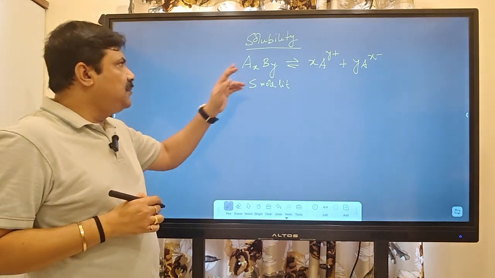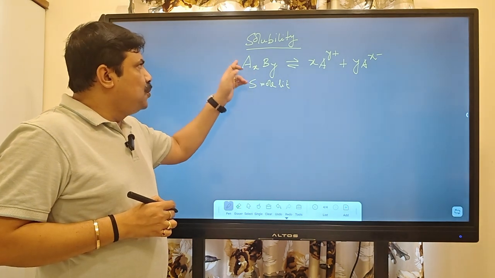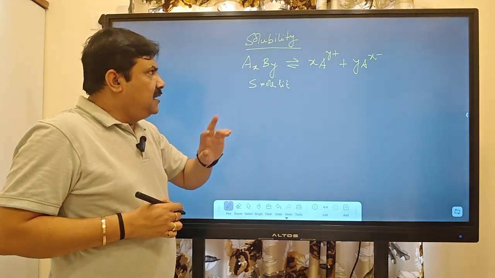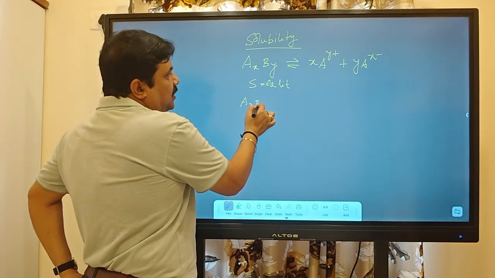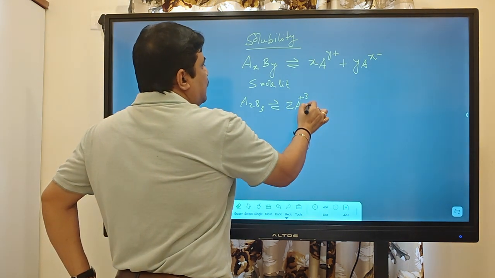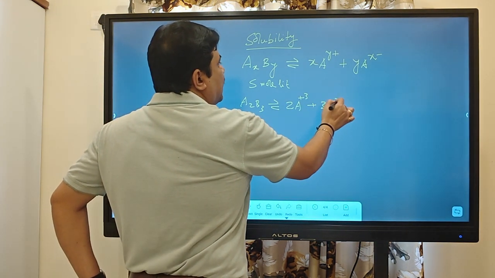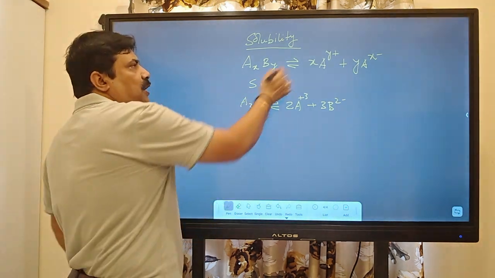Like A2B3, that means 2A plus 3 and 3B 2 minus. Suppose I have A2B3, then how will I get 2A 3 plus and 3B 2 minus? Overall charge, you look at, is matching. That is why I am showing you like this.